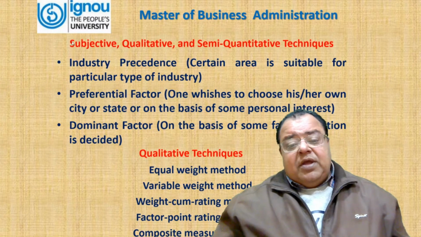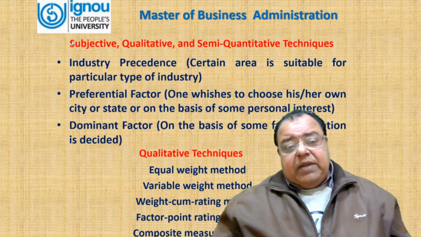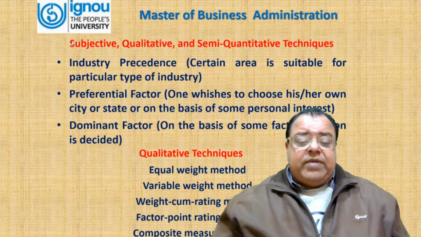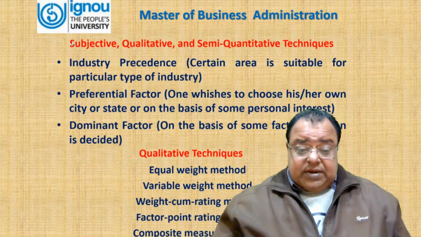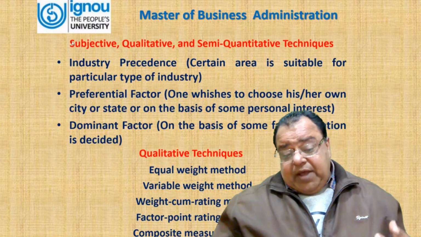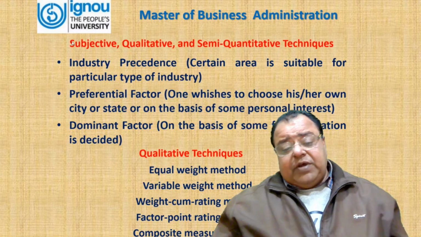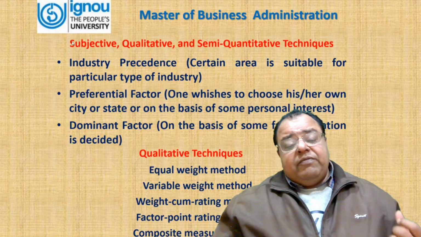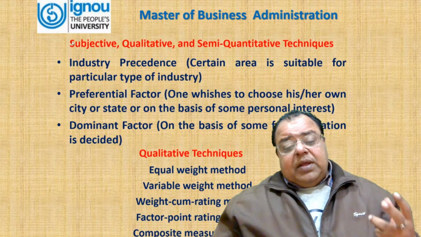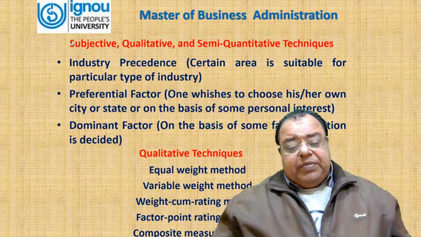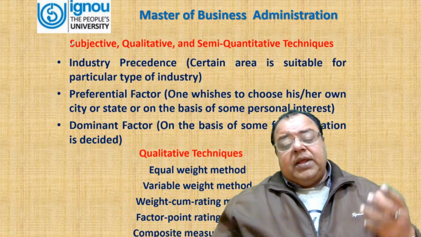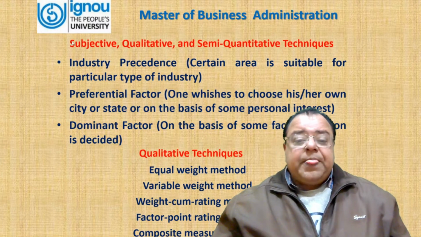Dominant factors: on the basis of some factors, location is decided. And if we talk about qualitative techniques, under that there are five methods: equal weight method, variable weight method, weight rating method, factor point rating method, and composite measure method.